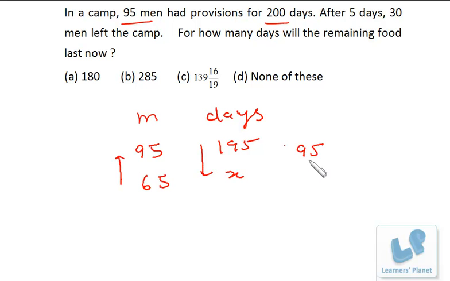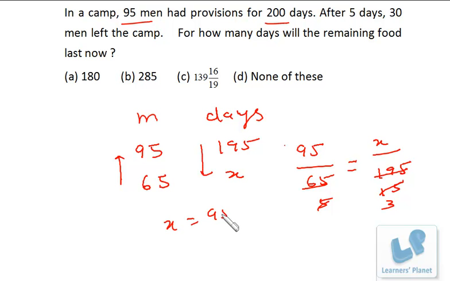So 95 by 65 is equal to x upon 195. Okay, so x is equal to 95 into 3, that is 285 days. Okay, I hope you are clear.